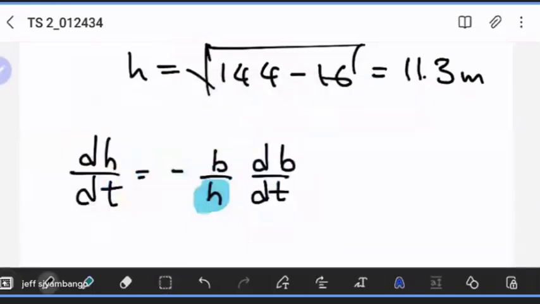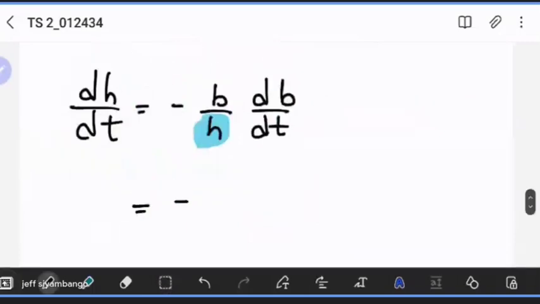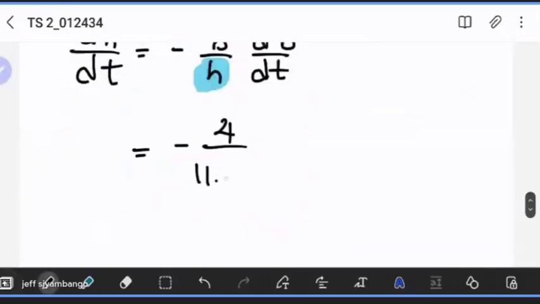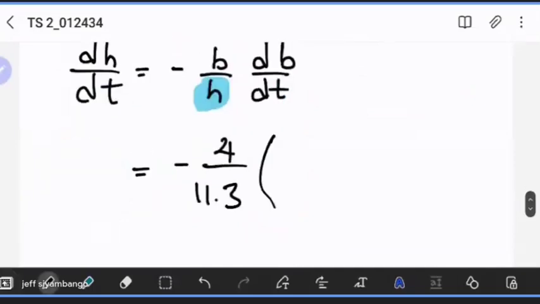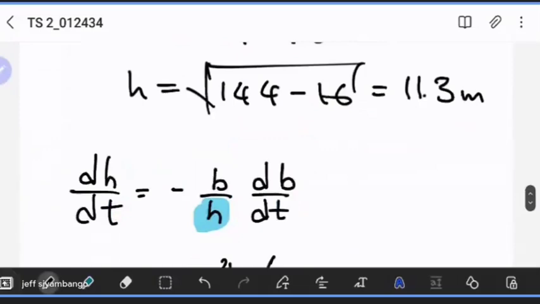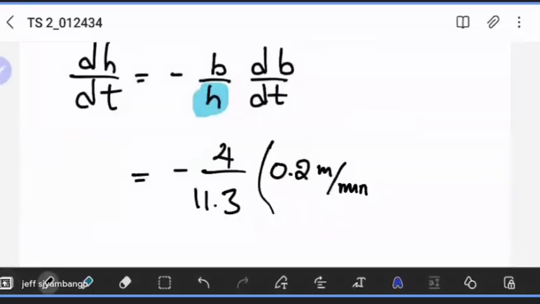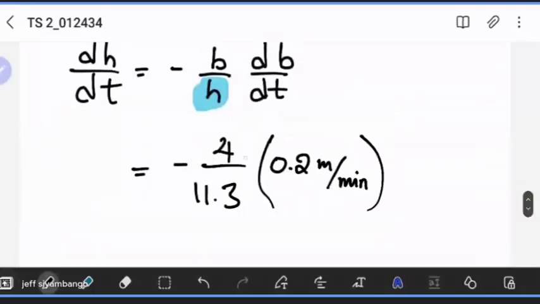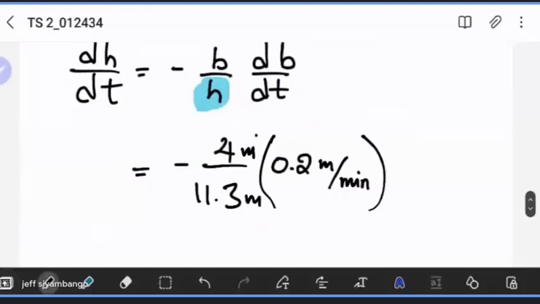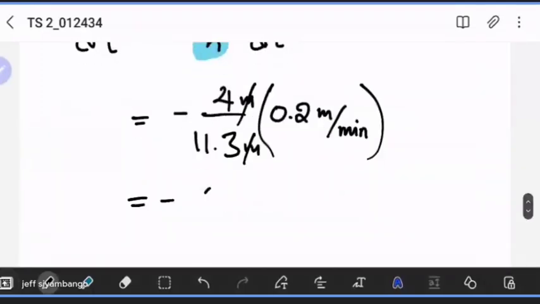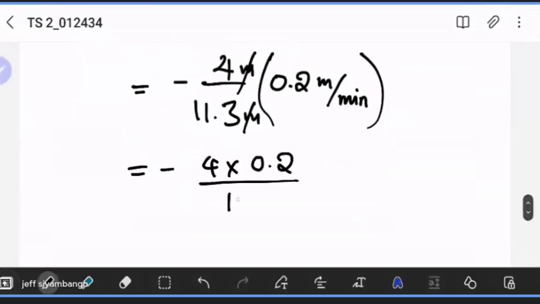So we have negative, our B is 4, our height is that 11.3, our rate of change of B with respect to time, this is that one which was 0.2, and this was in meters per minute. So this is in meters, this is also in meters, this and this will cancel, so that now you just have to multiply 4 by 0.2 divided by 11.3, then times the meter per minute.